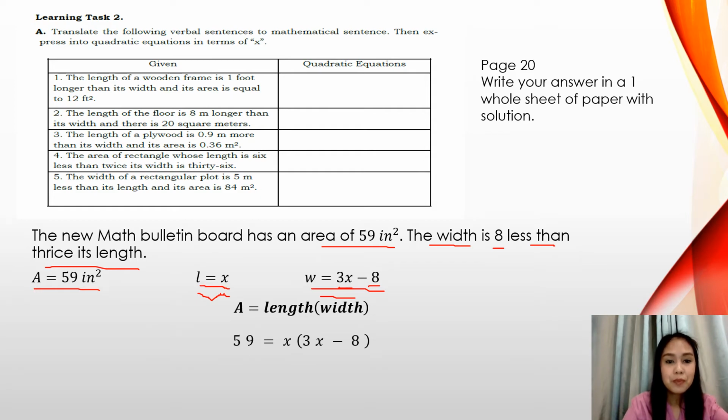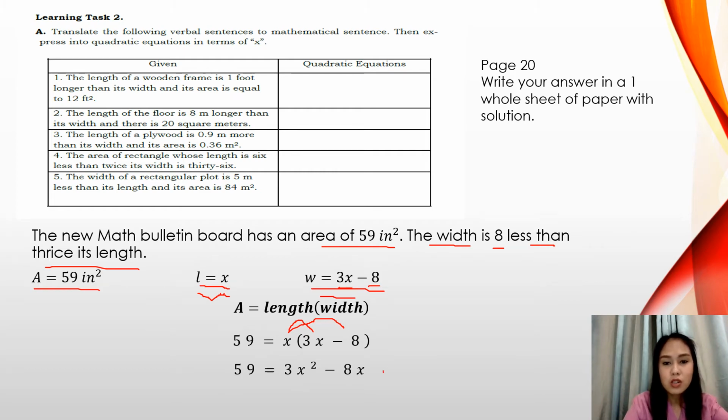And then this x will be multiplied to 3x minus 8 by distribution. That would be x times 3x and x times negative 8. That's why we'll have 3x squared minus 8x.